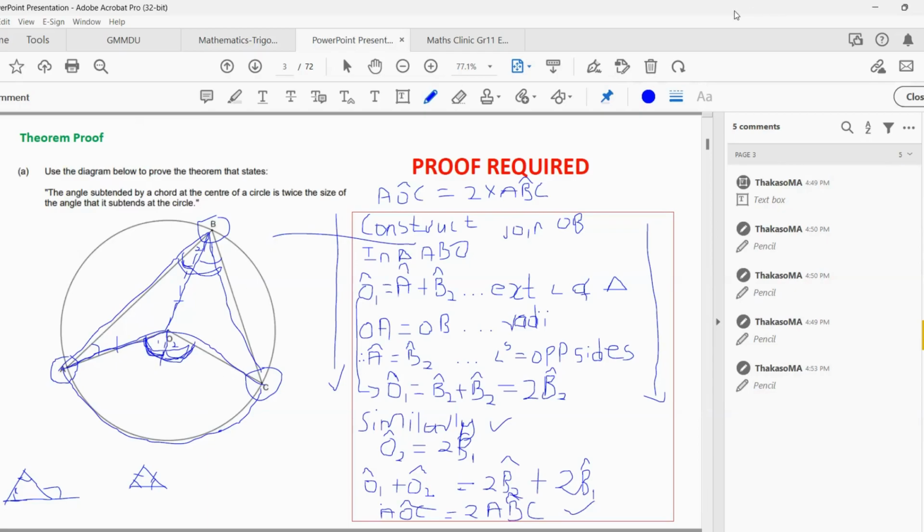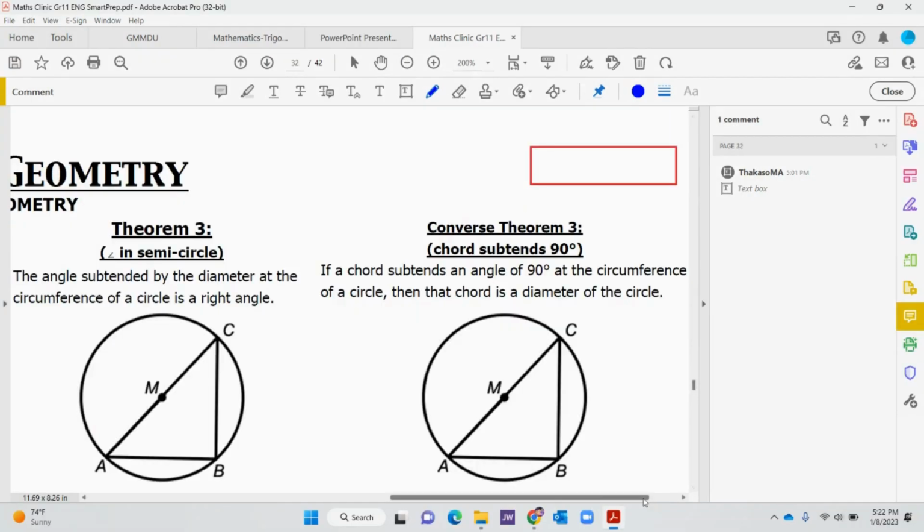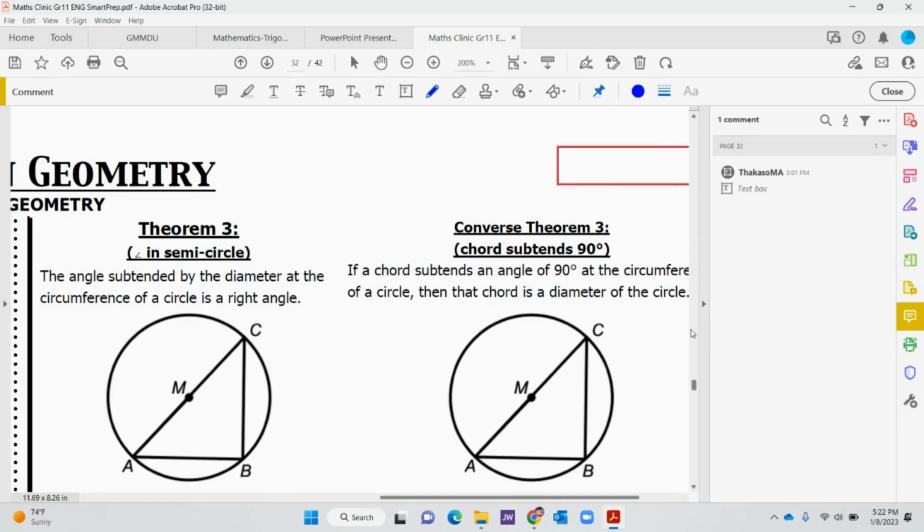All right. So for theorem 3, this one doesn't have a proof, but you do have to know it and understand it. It says that an angle suspended by the diameter at the circumference of a circle is a right angle. Here we have angle ABC.